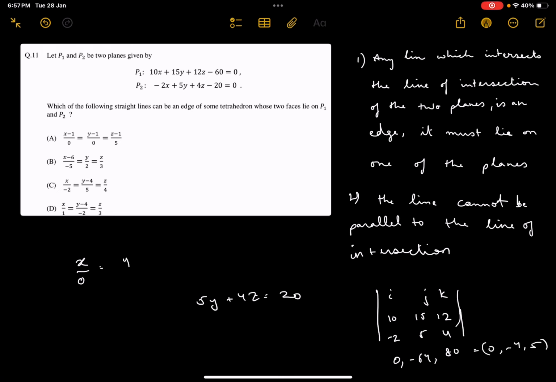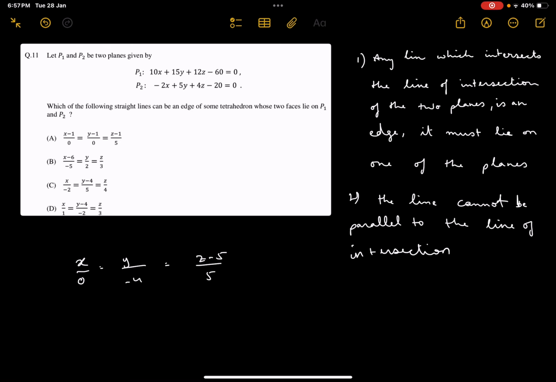So this becomes y upon minus 4, and the point which lies on this plane is 0 comma 0 comma 5. So this is the line of intersection of these two planes.